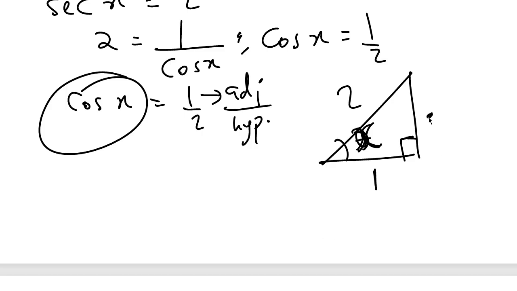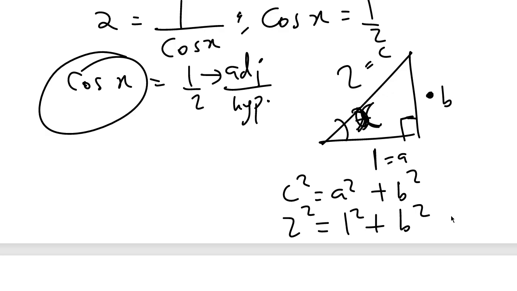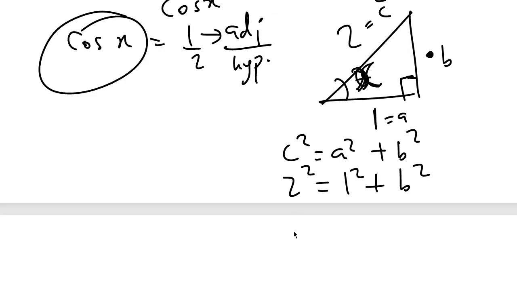We don't know what this side is, but based on the two other sides we know, we can get it. Taking this as c, this as a, and this as b, we can say that c squared is equal to a squared plus b squared, so 2 squared is equal to 1 squared plus b squared, right? 2 squared is 4, 1 squared is 1, plus b squared.